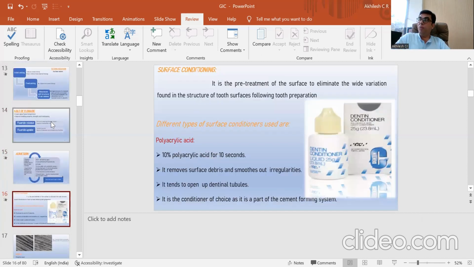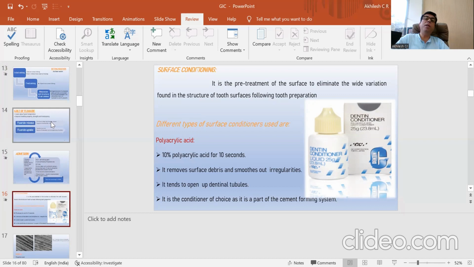Before you apply the mixed glass ionomer on your teeth, we do a surface conditioning. What do you mean by surface conditioning? It is a pre-treatment of the surface to eliminate the wide variations found in the structure of the tooth surface following the tooth preparation.